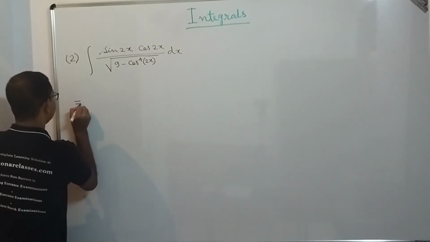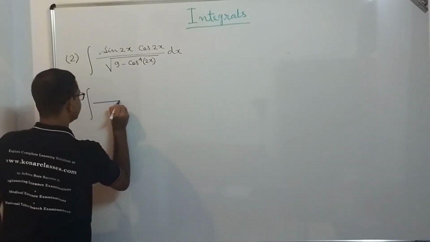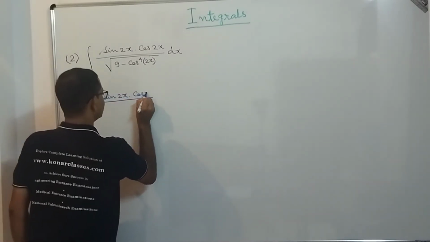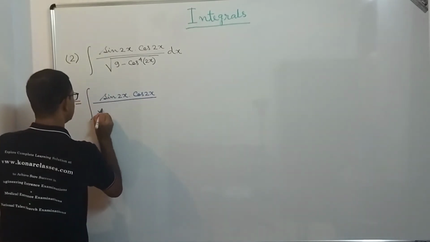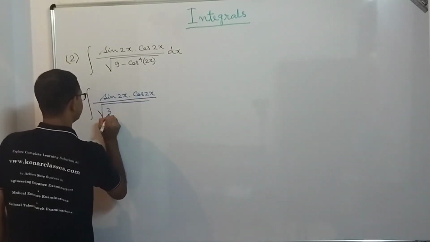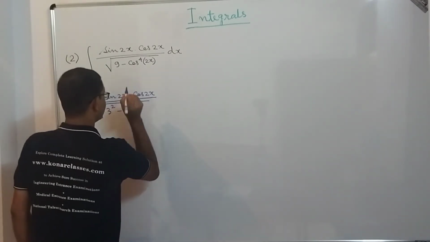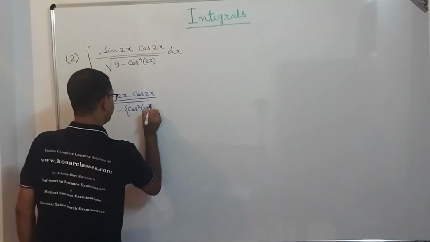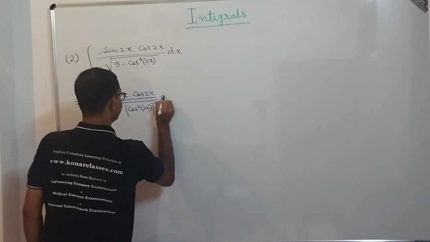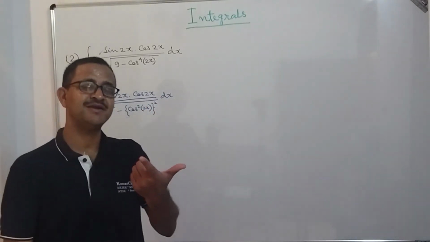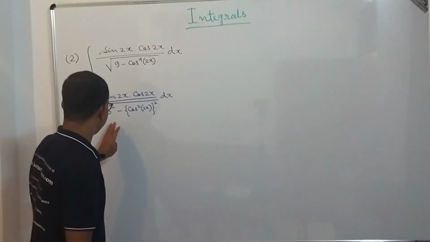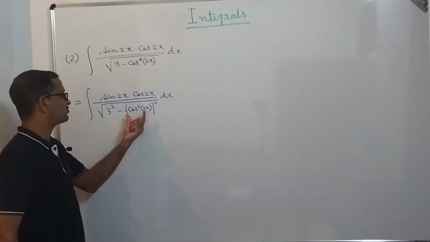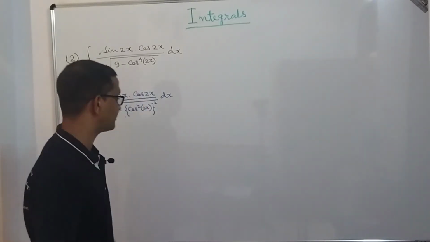Now we can write this as the integration of sin 2x into cos 2x divided by square root of 3 square minus cos square 2x complete whole square. Okay, you may ask, sir, why are you writing like this? Because it is in the form of square root of a square minus x square. So that means we need to substitute cos square 2x, and that is a very meaningful substitution here.